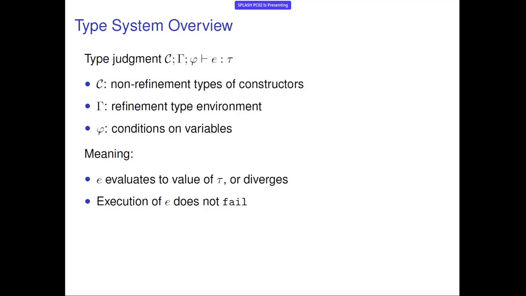This means that the expression E evaluates to a value of type tau, or diverges. Diverges means infinite loop, so it cannot prove the termination, but it can prove that the execution of E does not fail.